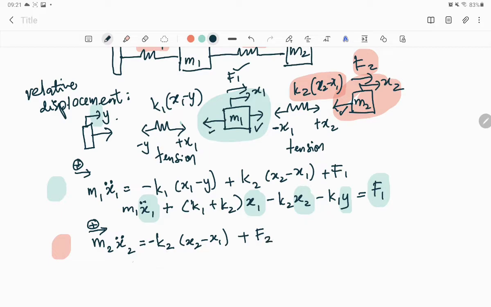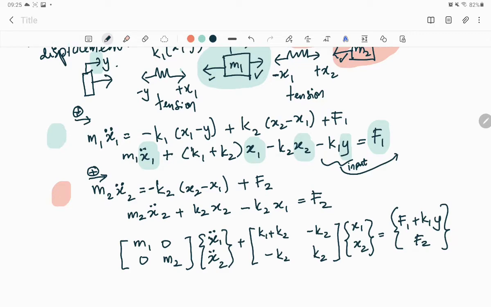Then you just rearrange. You have M2 X double dot 2, plus K2 X2, and negative K2 X1. You leave the F2 on the other side of the equation.